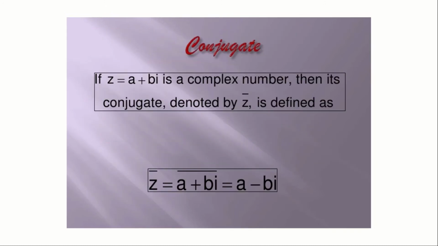Conjugate: if z equals a plus bi is a complex number, then its conjugate is denoted by z bar, where the bar signifies a minus bi. We have to keep this in mind always. The conjugate will be a negative form of a positive number or a positive form of a negative number.